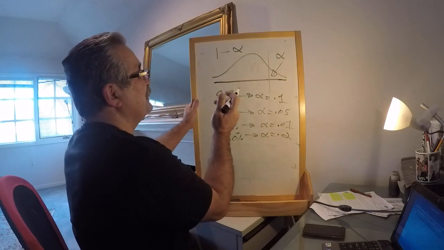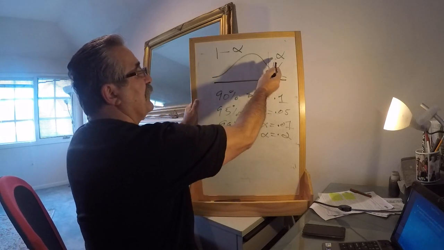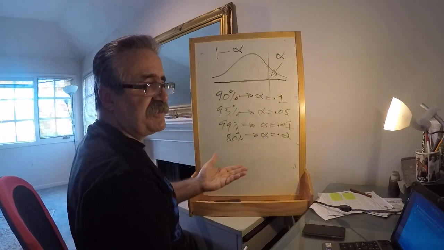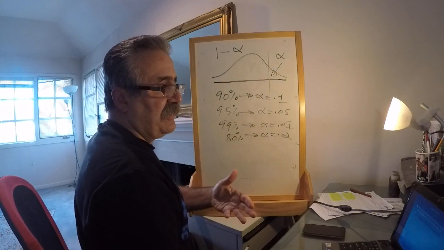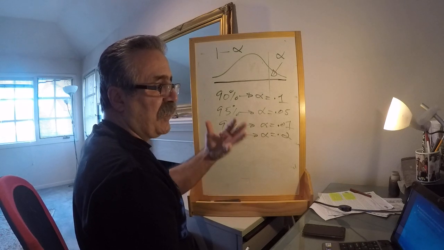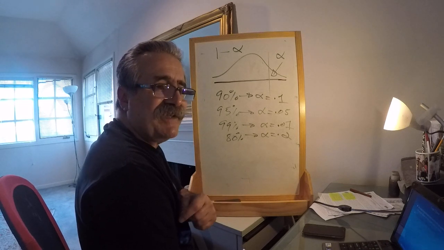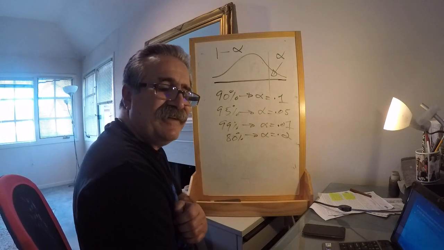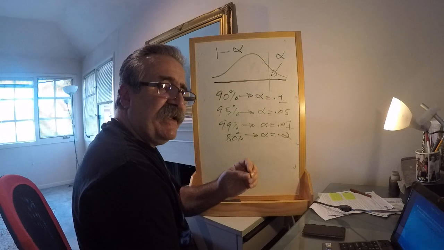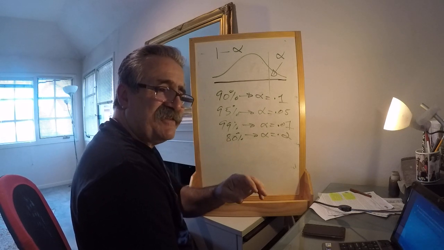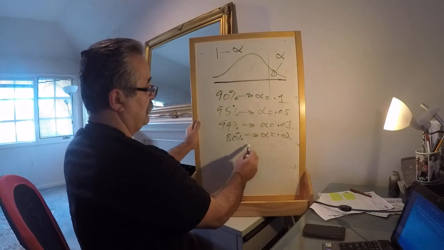Significant test is basically measuring, or p-value approach is calculating the probability by using z-value. Z is called test statistic. Computing the probability using test statistic, that means using z.